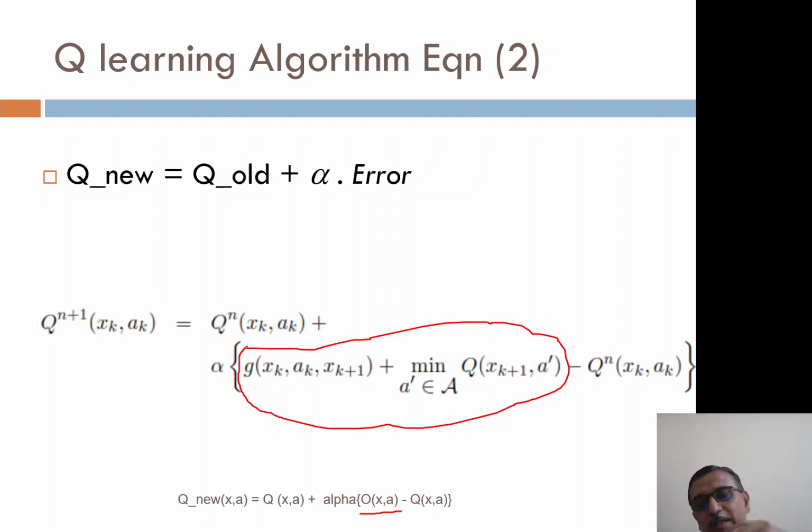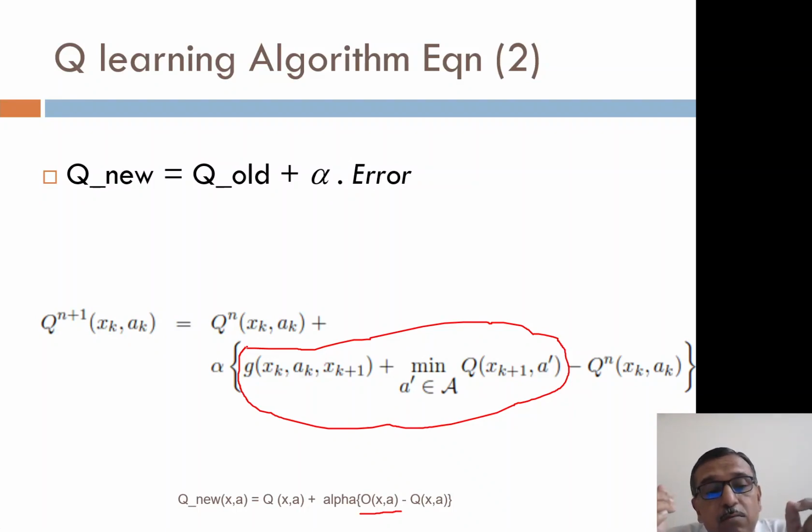So think about it. Maybe you can ask me when we meet. Once you understand this, then this equation is clear. People have proved that if you keep on updating this, and if alpha satisfies some technical conditions, that is sigma alpha is equal to infinity and sigma alpha square is less than infinity, the sequence converges.